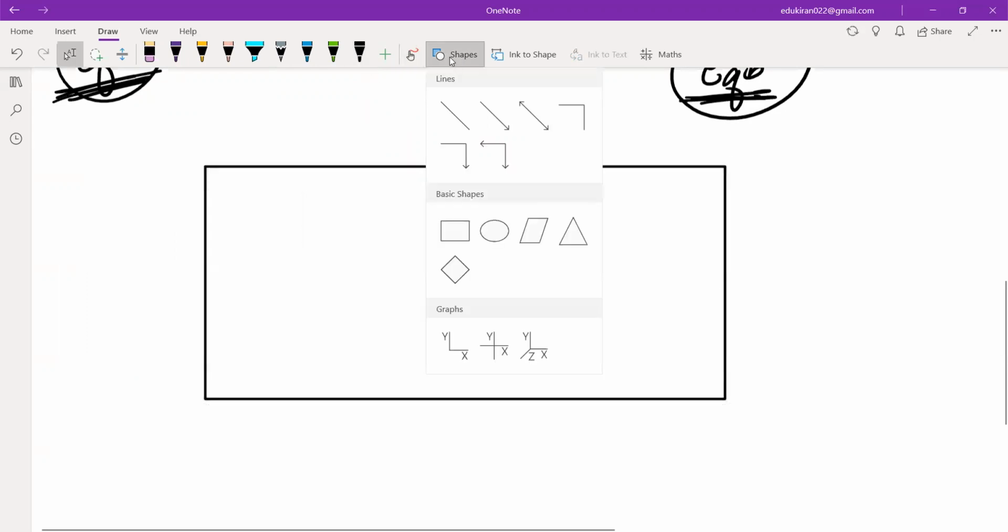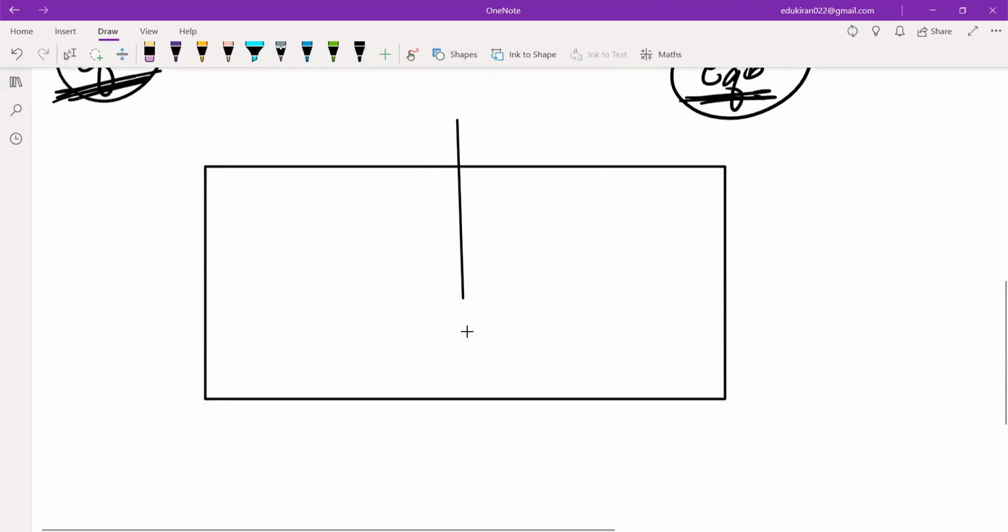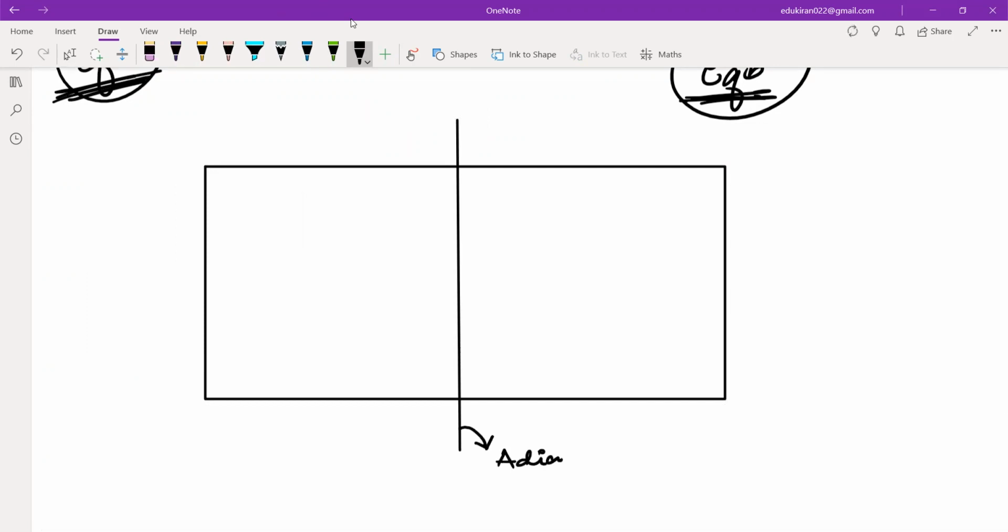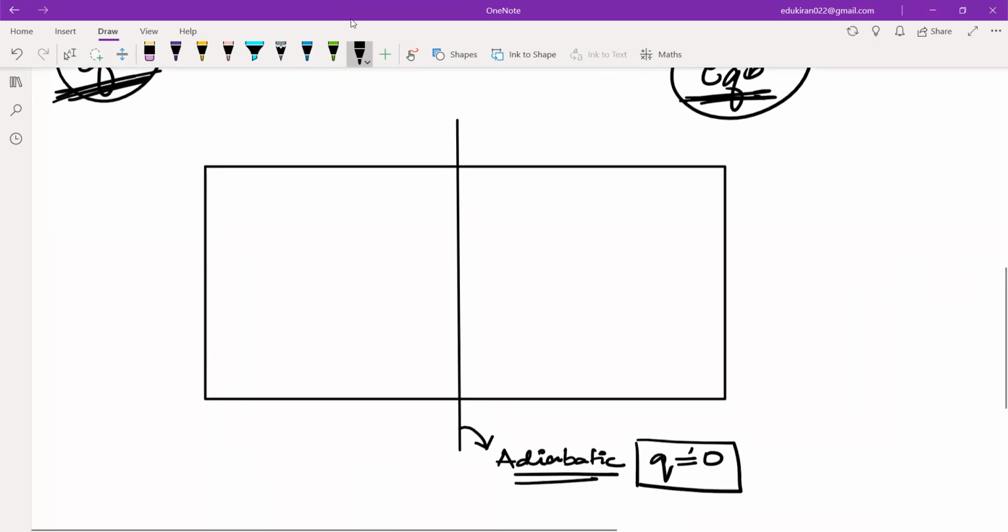We have a box, and I have separated this box by some barrier. This barrier is an adiabatic boundary, which means the exchange of heat is not possible, Q is equal to 0. We have two compartments here.